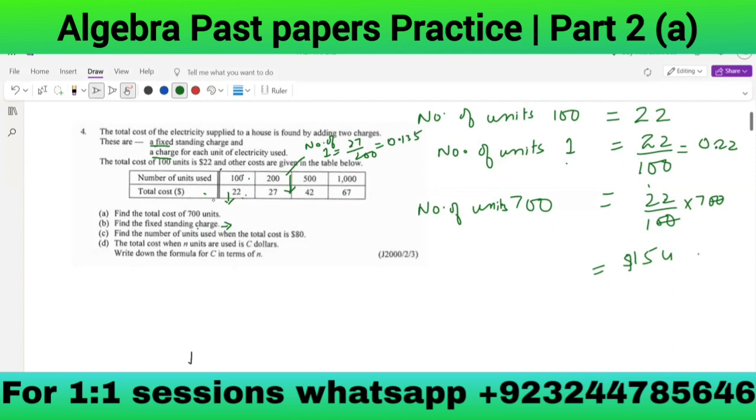For 200 units, it should be double. If it's 22 for 100, then for 200 it should be 44. But it's 27, not 44. So 44 minus 27 is 17, which is the fixed standing charge.